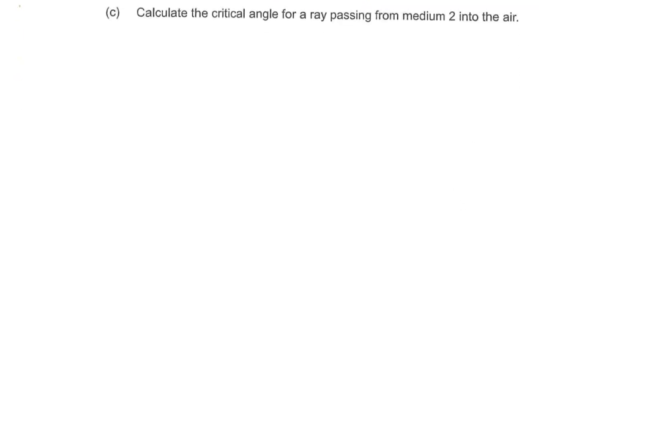Calculate the critical angle of air. So critical angle, we do the same equation. Let's have a look. The critical angle is the angle of incidence when the refracted angle, which is theta 2, is at 90 degrees.